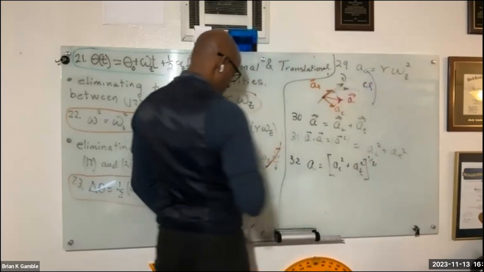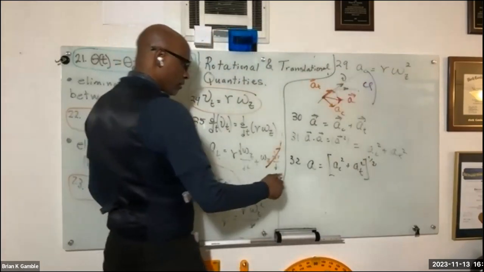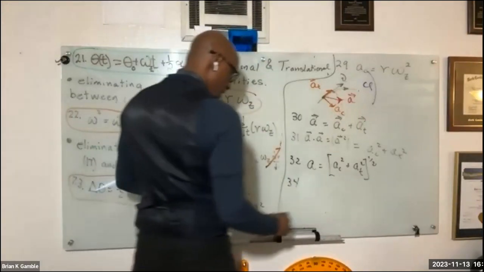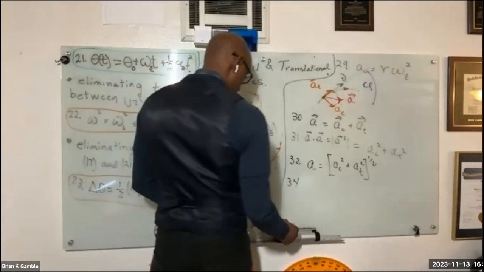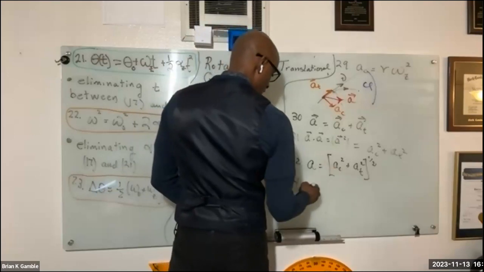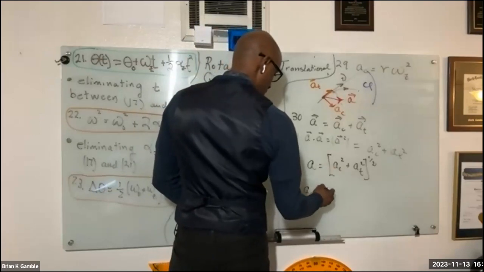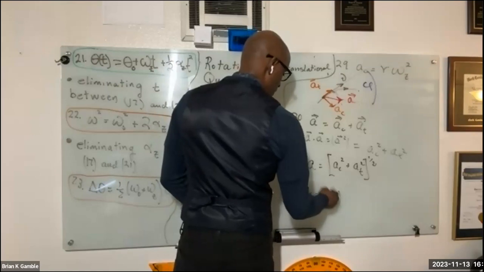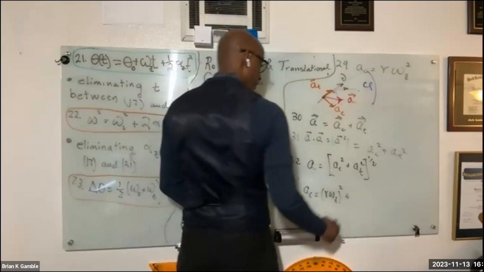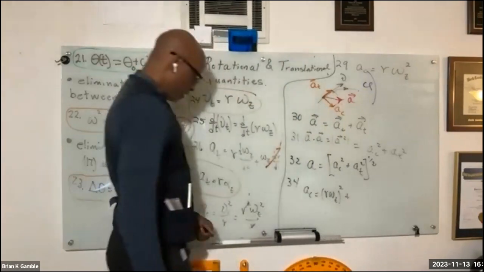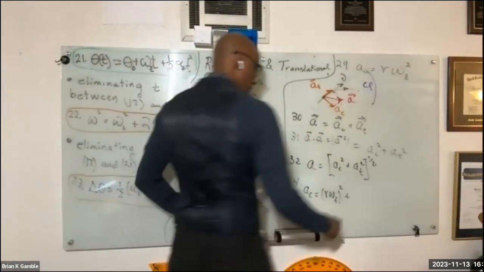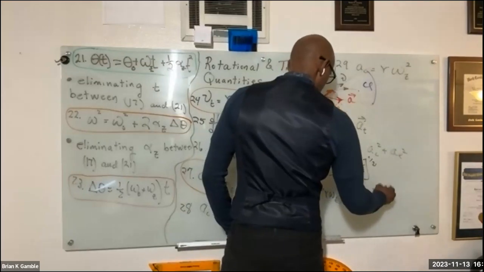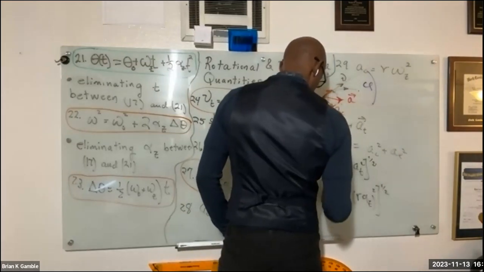And if I then put in these values here, I can write that in terms of circular motion. So this guy is R, so AC is equal to R omega_Z quantity squared plus A_T is R alpha, so R alpha_Z quantity squared, all of that to the 1/2 power.